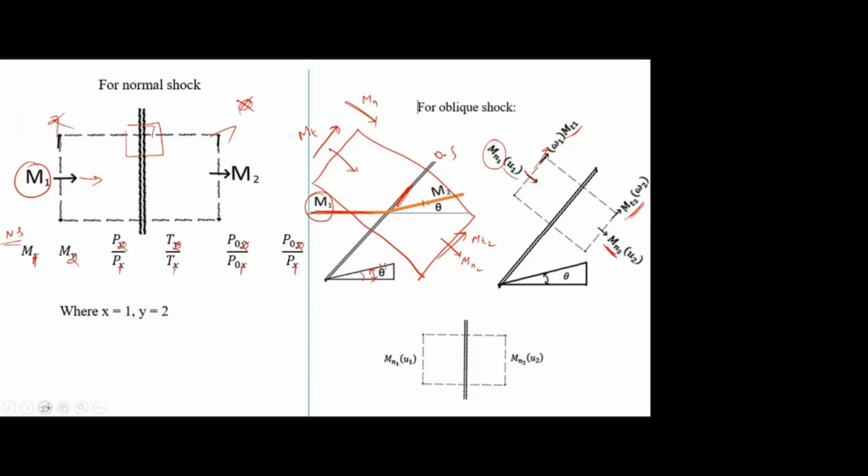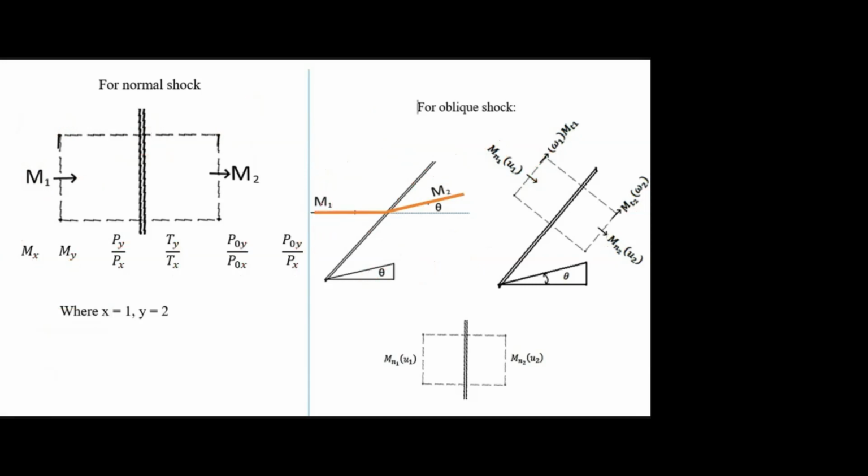Here the local Mach number is M1 and the local velocity is V1. This M1 I'm taking as two components, normal and tangential. Similarly, this local velocity V, I'm taking two components: instead of V1, the normal velocity is U1 and the tangential velocity is W1. Here it is U2, here it is W2. Like that I'm taking the Mach number and velocity components. Is that clear?